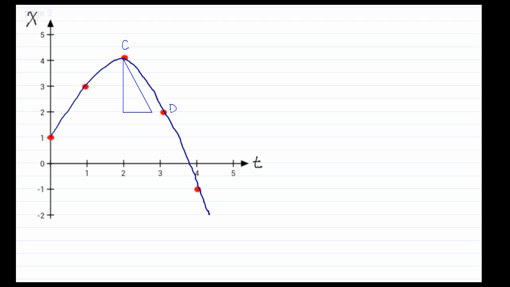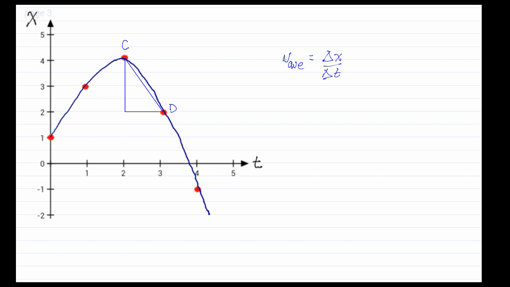Okay, well, while that is drawing itself, let's talk about what we're going to do. We're going to compute the average velocity over that time interval. So let's again write out V average is equal to delta x over delta t, and I lost that triangle somehow.